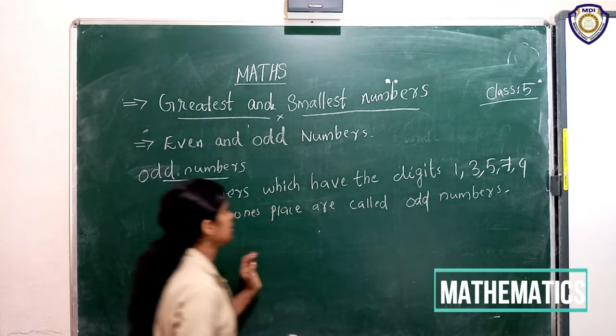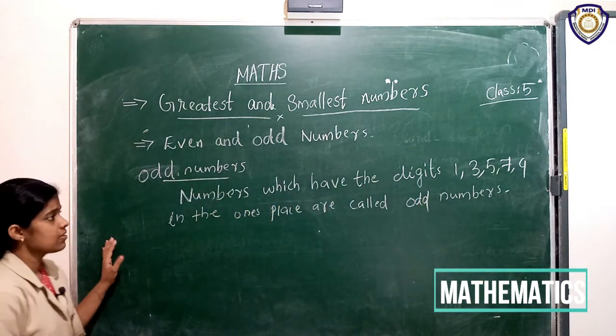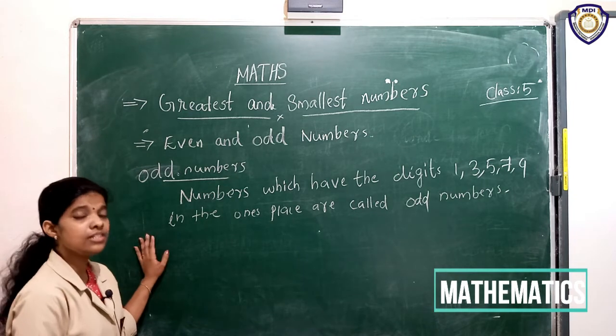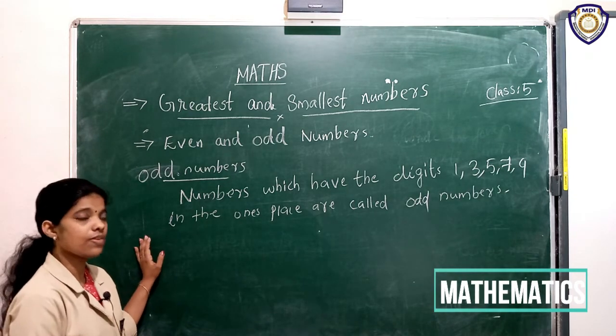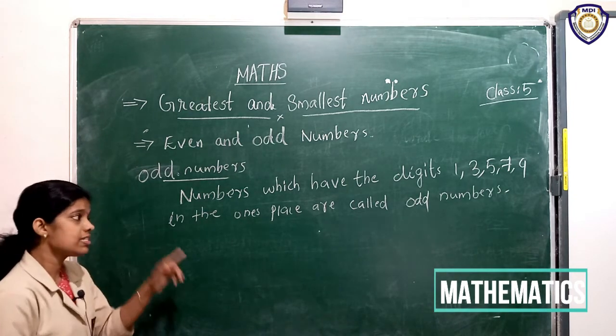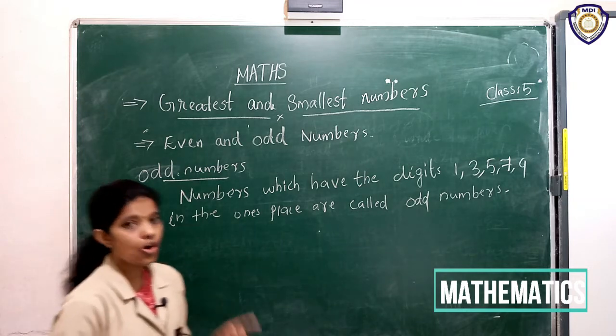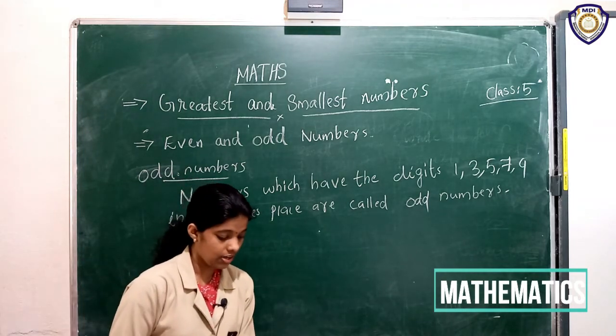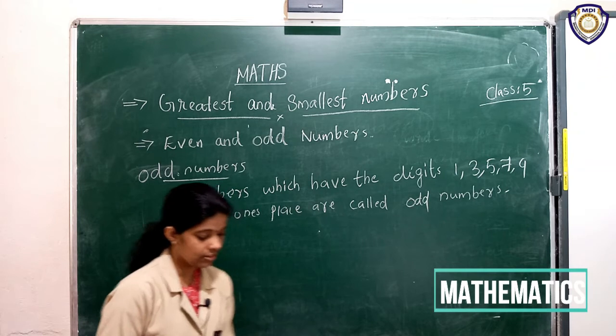Okay, listen here. Numbers which have the digit 1, 3, 5, 7, 9 in the ones place are called odd numbers. Okay, one example for you.